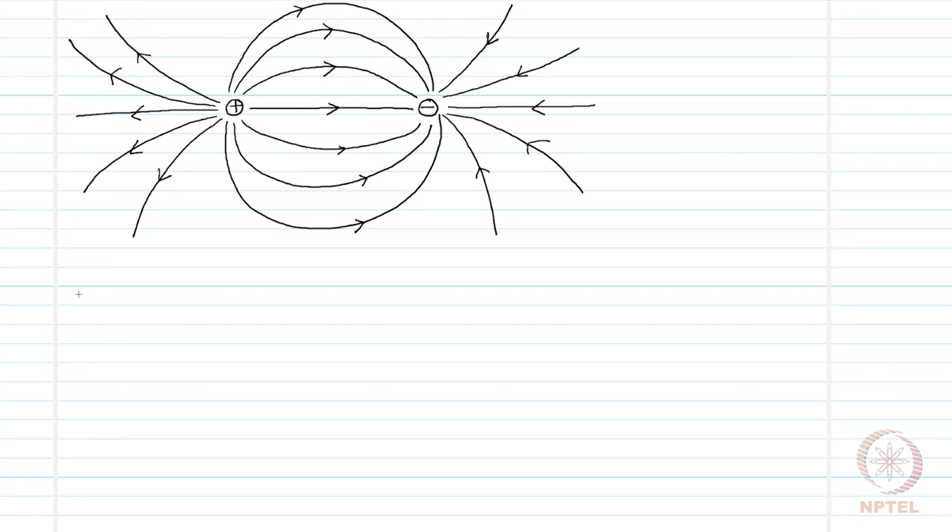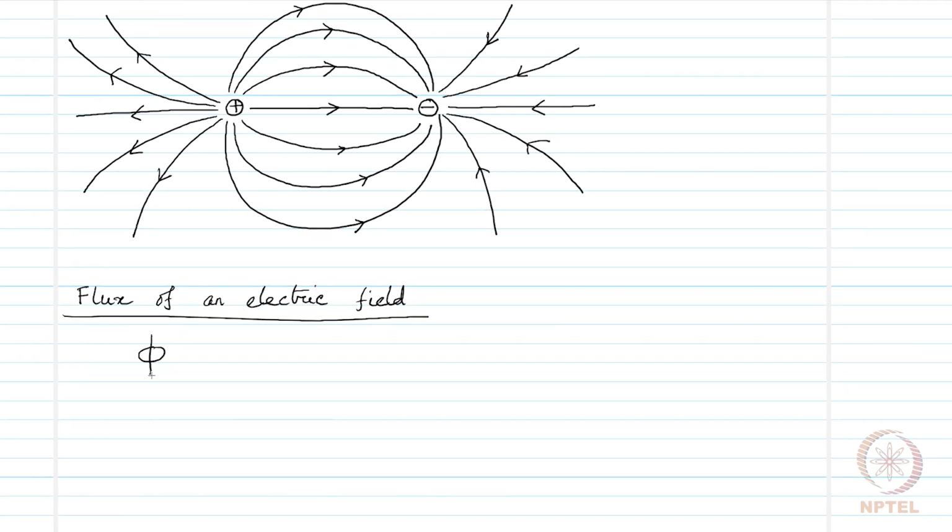Now let us introduce the notion of flux of an electric field. If we have a constant electric field, then the flux is the field multiplied by the area through which the field is going. But if we have an electric field that is not constant over a given area, then we cannot define it this way.